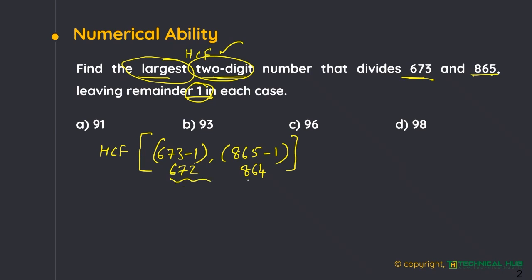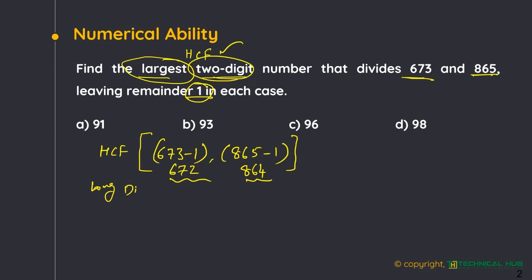I'll go with the long division method. You can calculate using the long division method. According to the long division method, what is the rule here? Divide the greatest number with the smallest number. Greatest number is 864 and the smallest number is 672.